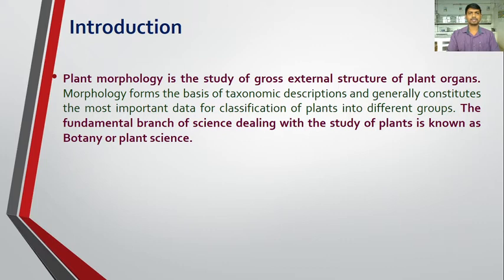Morphology forms the basis of taxonomic descriptions and generally constitutes the most important data for classification of plants into different groups. So morphology forms the basis and it provides the information for the classification of the plant into the different groups. Plant morphology is the study of external structure of the plant and plant organ.